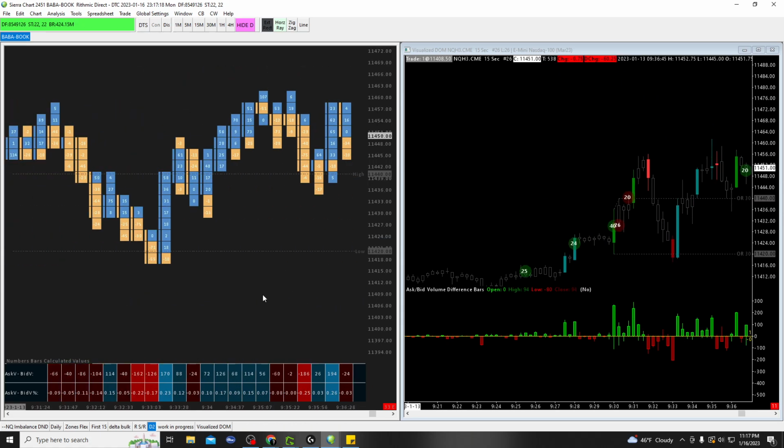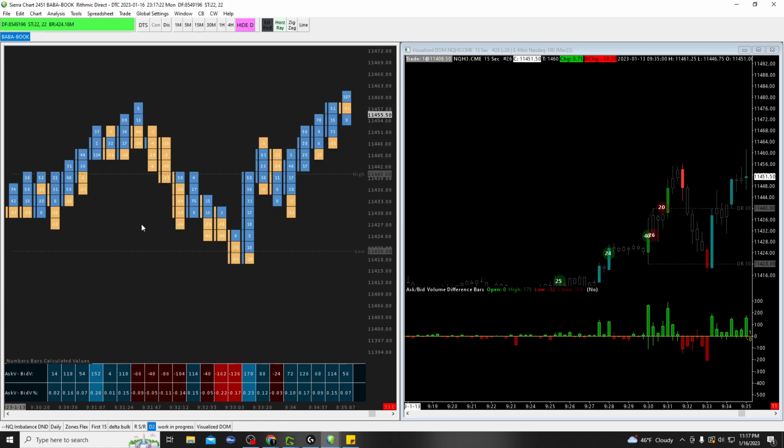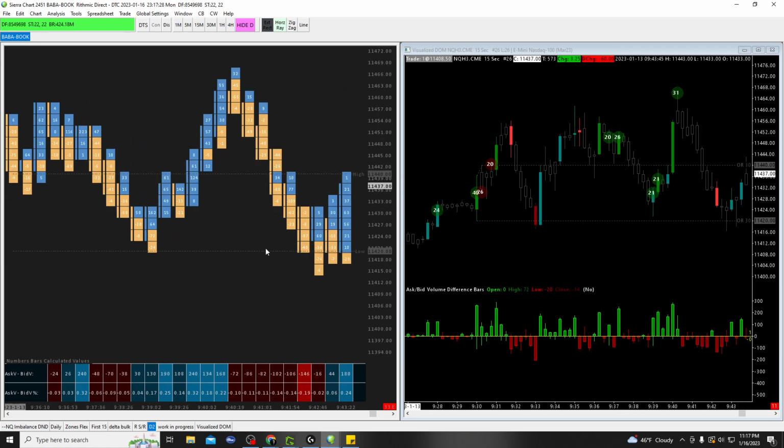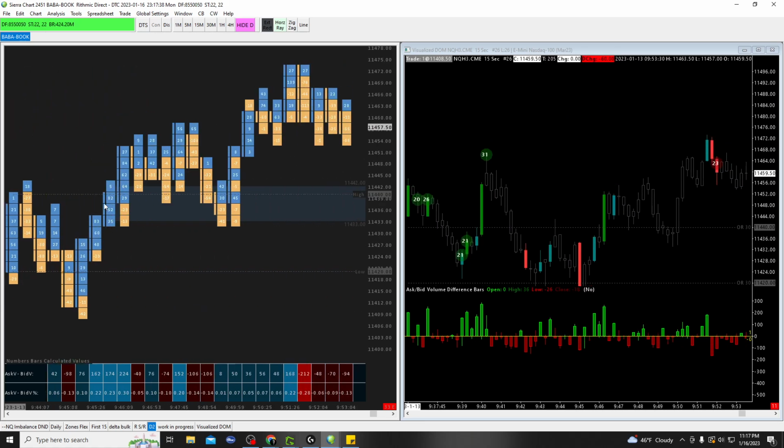One of the things I look for on this chart is all sell delta in a candle like this one, or all buy delta in a candle like this one. That tells you that somebody with intent was buying pretty aggressively for the whole size of this candle. Here's another great example, all buy delta, and you see a nice move out.